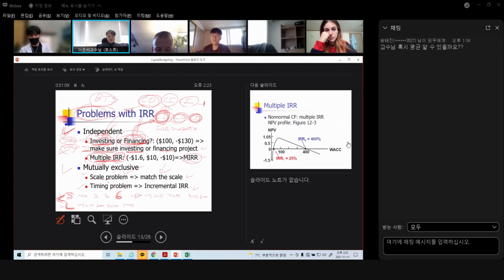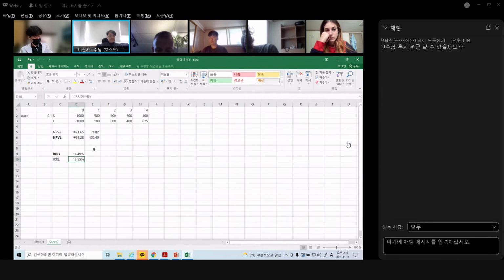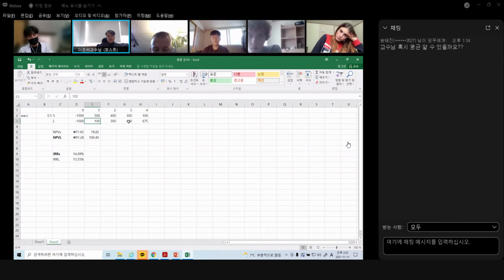That's the third problem. The fourth problem is the timing problem, just like our example. In project S, most of the cash inflow happens early during the project, whereas in project L, we receive a lot of the money in the later part of the project.